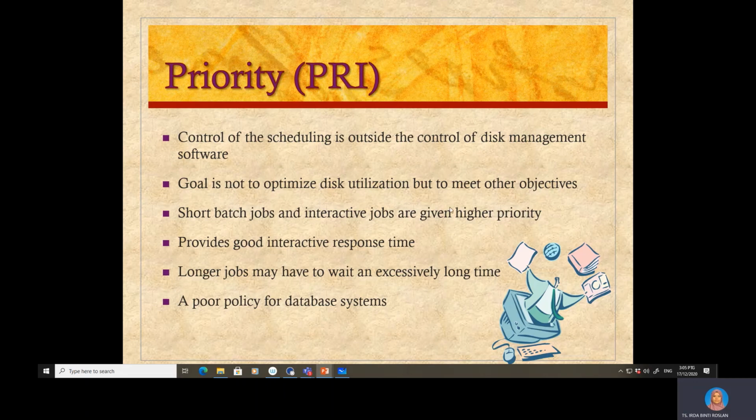It provides good interactive response times. However, longer jobs may have to wait an excessively long time, meaning longer jobs will starve. And it is a poor policy for database systems. Database systems should not use priority-based scheduling.